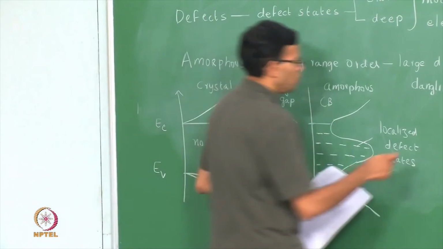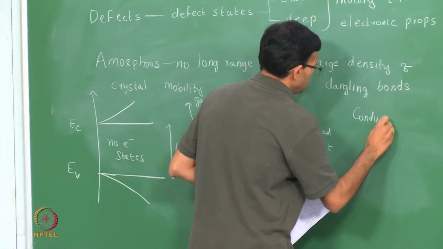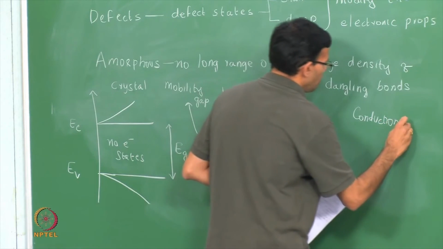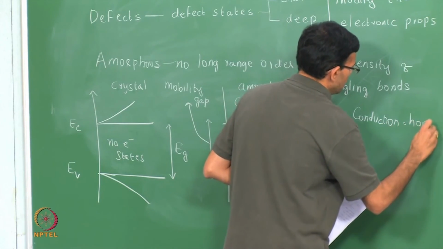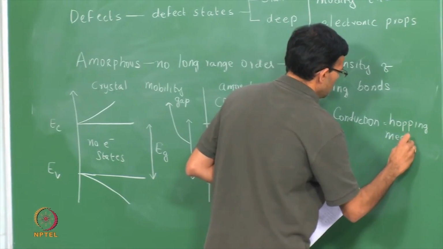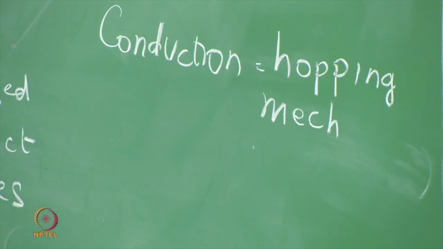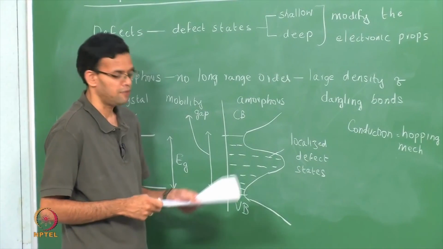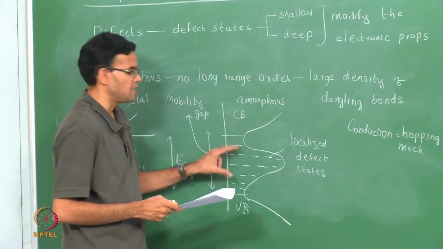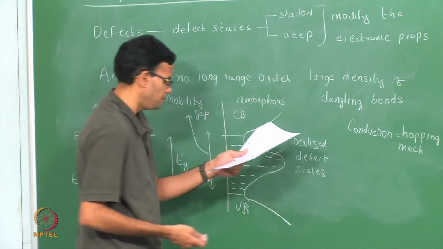So, in the case of an amorphous semiconductor, conduction takes place through a hopping mechanism, where we think of the electrons and holes hopping through all of these localized defect states. So, this drastically brings down the mobility and hence the conductivity.